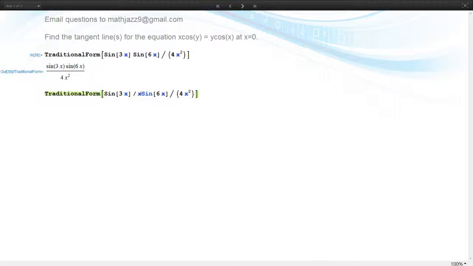So I'm going to split this fraction into 2 fractions being multiplied by each other. I'm going to take the 1/4 completely out of the limit. It's a constant, so we'll just take this 1/4 out in front.